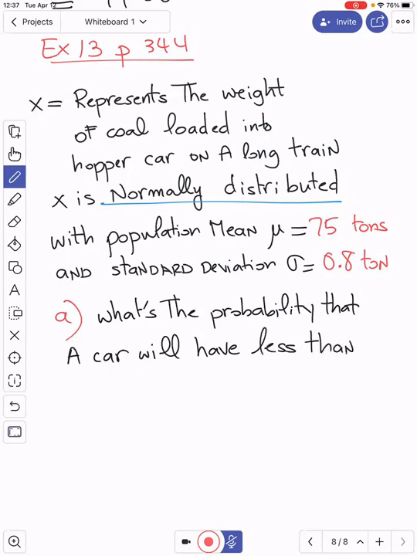Again, guys, there are three different cases you can have: less than, more than, or between. Just keep in mind there are three different situations, and the way to answer each one is different.